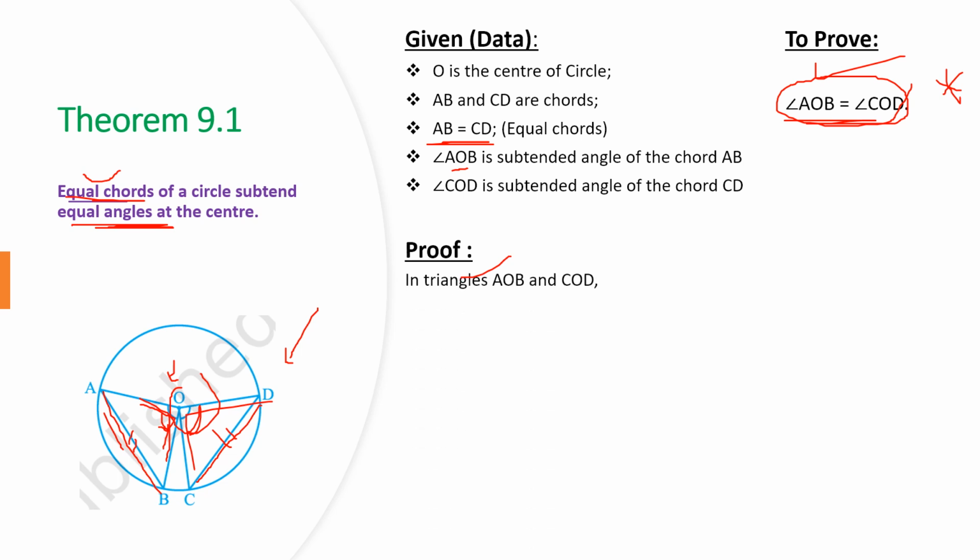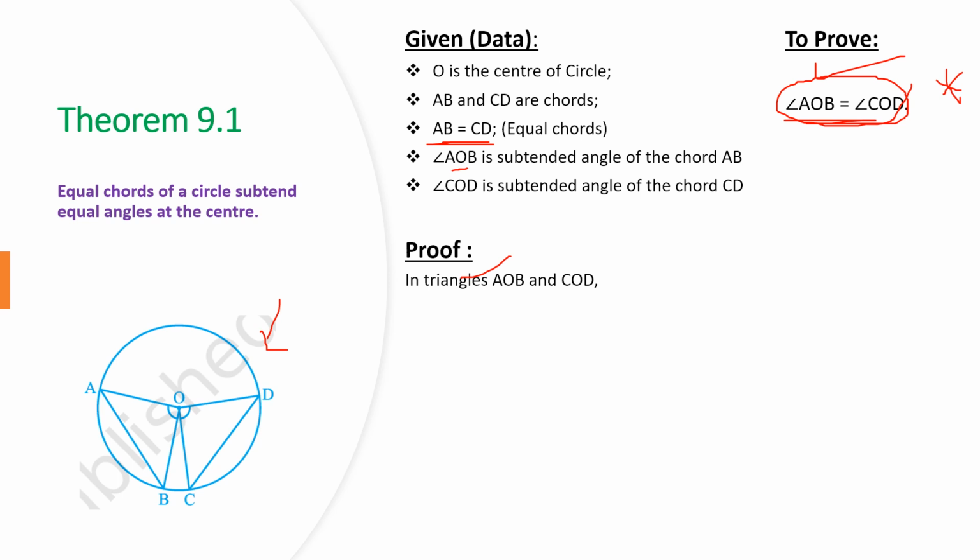Now, let's remove all these drawings. Let's take a red colored one. If you see the image of the circle, two triangles are formed. We have AB and CD, which are chords.